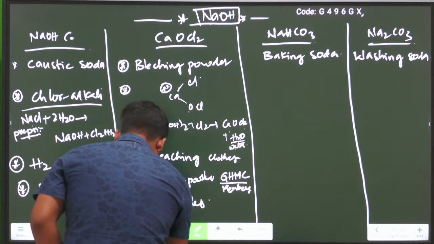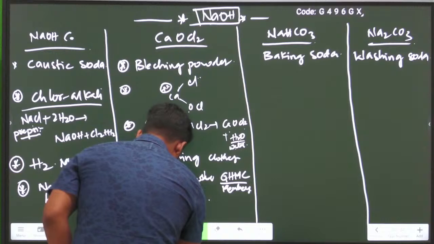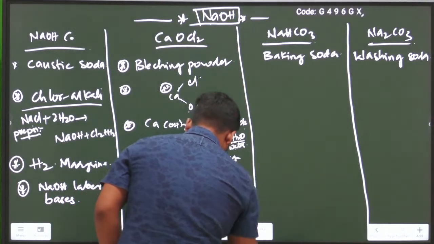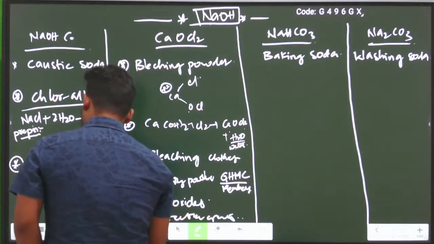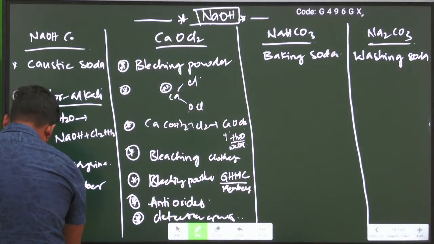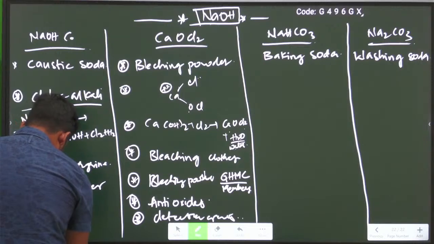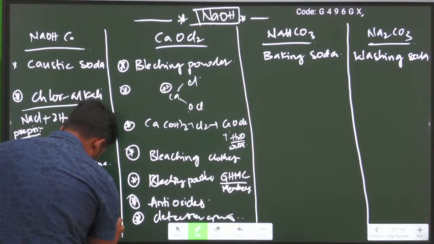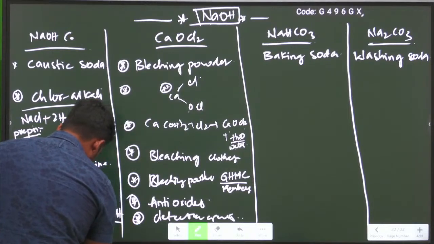It is also used in detergents. And this NaOH is used in making of soaps. As it is a base, it is used in making of soaps.